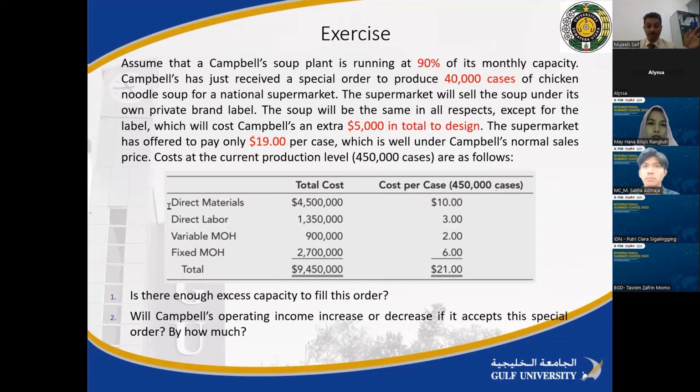Variable costs include direct material, direct labor, and variable manufacturing overhead cost, and we also have fixed cost. The total variable cost is $15 per unit, and the fixed cost is also for 1 unit, right? Now the customer wants to purchase 40,000 pieces, but at the price he will give us.